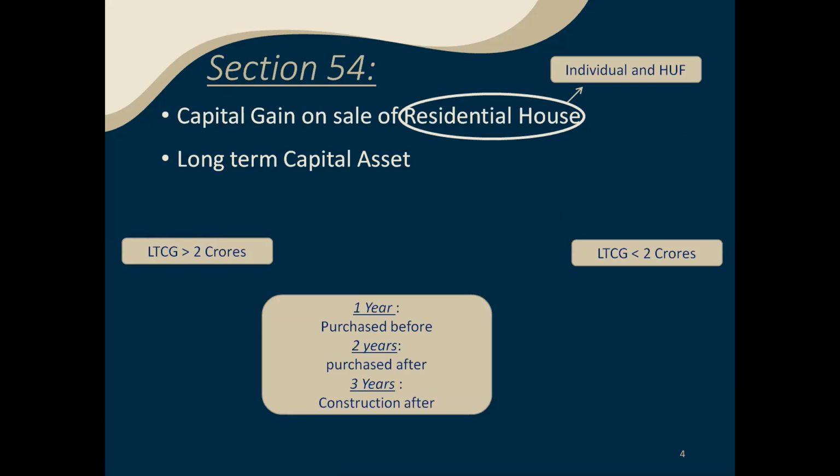That is, for claiming exemption under section 54, you will have to follow these timelines. Within 1 year before the transfer of the first residential property, you should have purchased another residential property. Say in May 2019, you have sold this residential house. However, in August 2018, you had already purchased another.